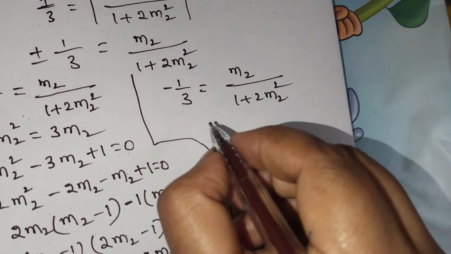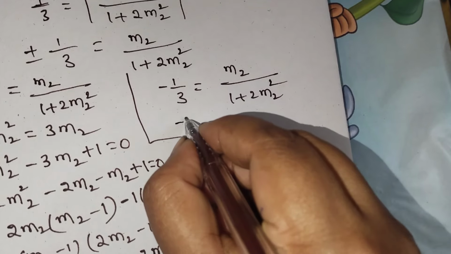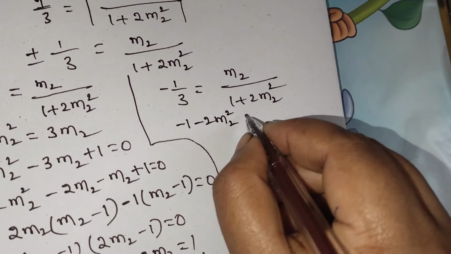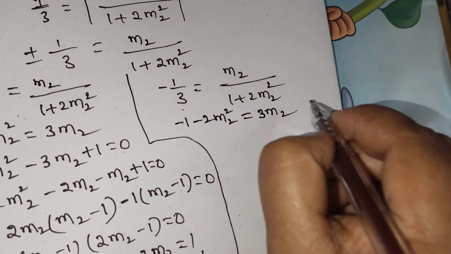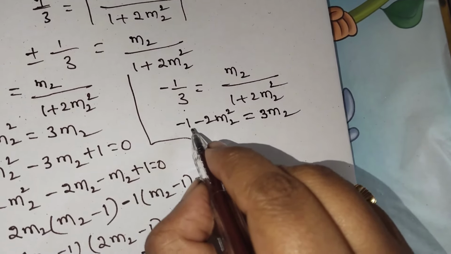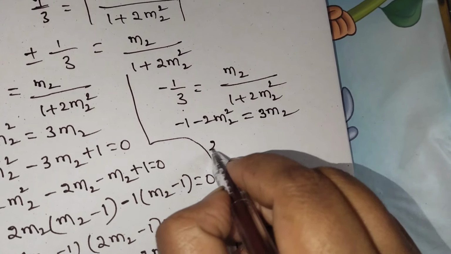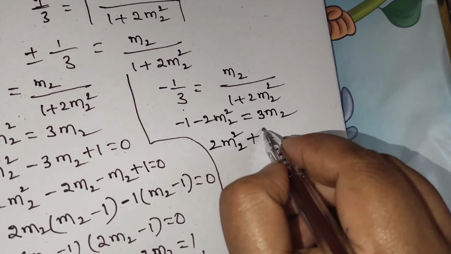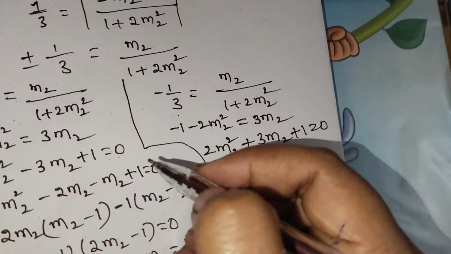Next case: do cross multiplication, minus 1 into this one. So minus 1 minus 2m2 square, multiplied with minus, equals 3 into m2. Now we bring these negative terms to the right hand side. We get minus 2m2 square will become plus 2m2 square, and here plus 3m2 and plus 1 is equal to 0.